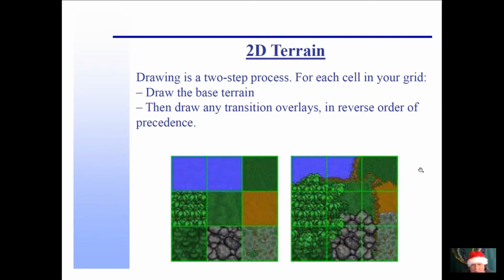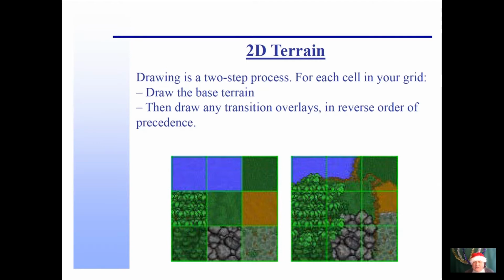So here we have these irregular borderlines between various types of terrain, just by applying two different tiles at one position in reverse order of precedence. This creates something much better. So that's the basic 2D technique of creating tiled landscapes.